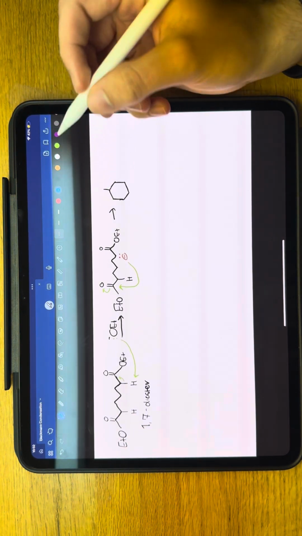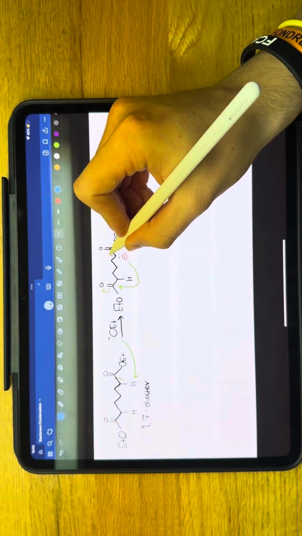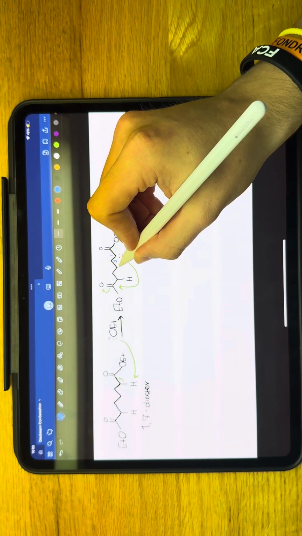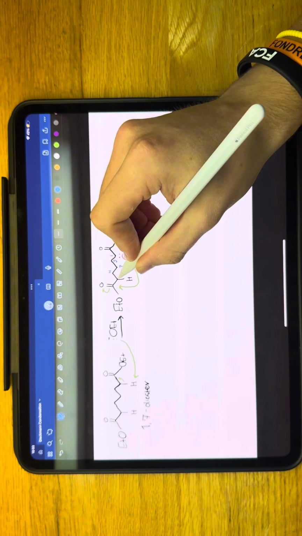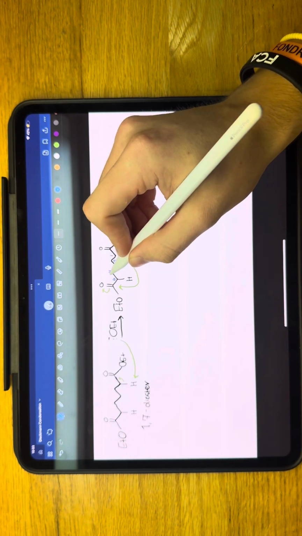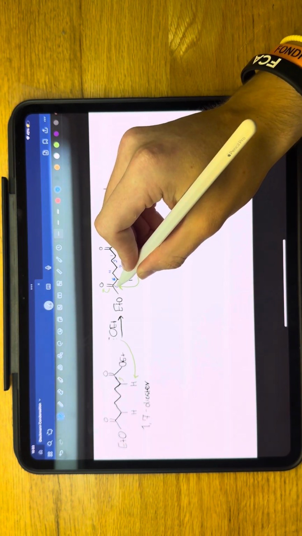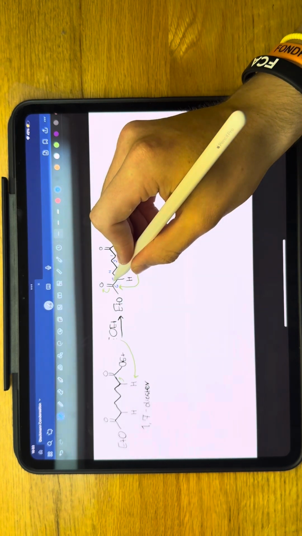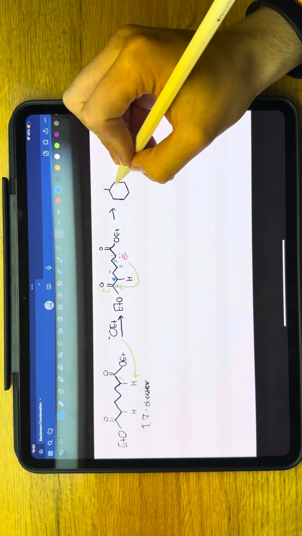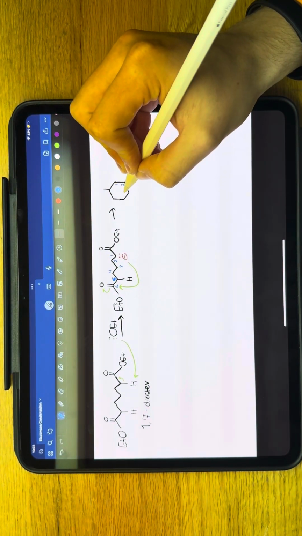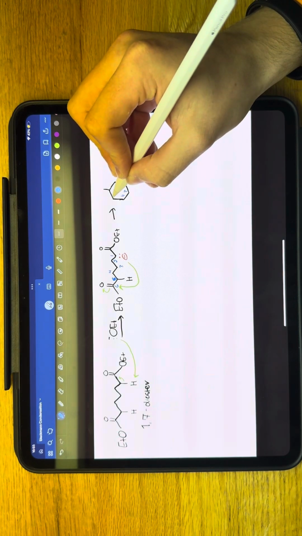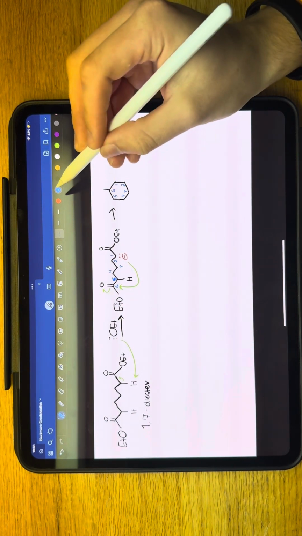So just to go ahead and number these and put this in perspective, we're going to start counting on our negatively charged carbon. All right, 5, 6. And then for our 6-membered ring, this is what we're going to get.